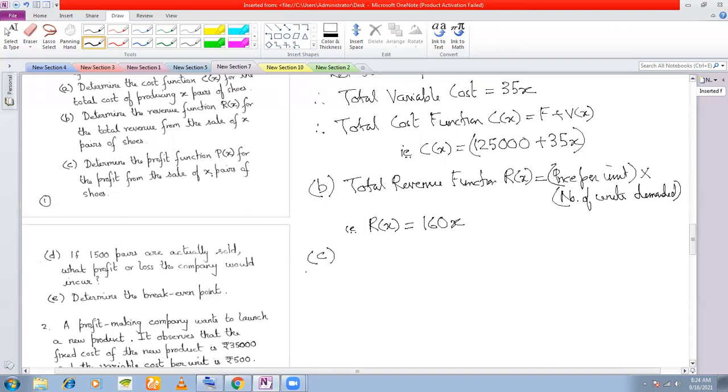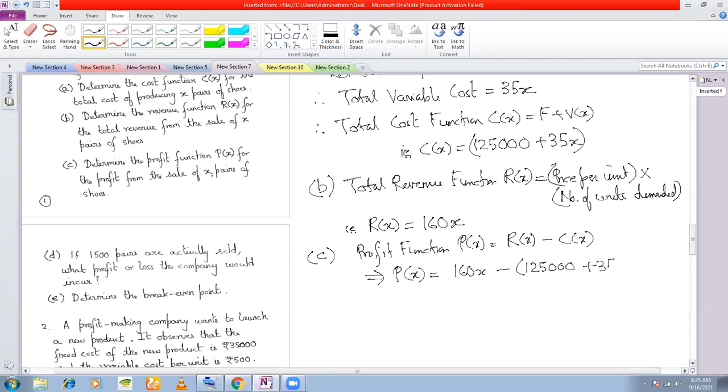Next, profit function. Determine the profit function P(x) for the profit from the sale of X pairs of shoes. So profit function P(x) is equal to R(x) minus C(x). That means P(x) is equal to 160X minus the total cost function we found above, 1,25,000 plus 35X.